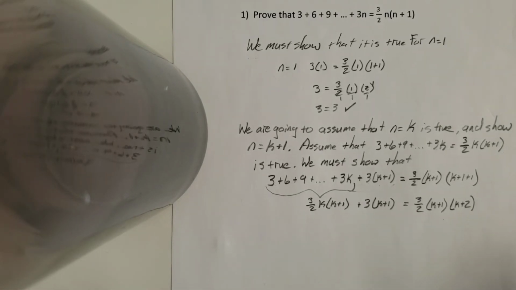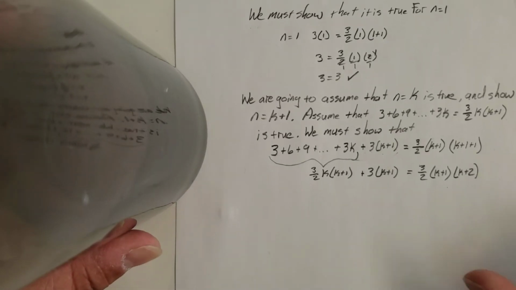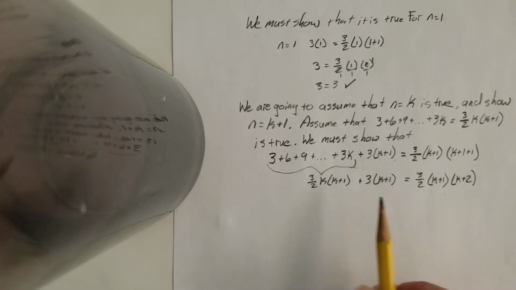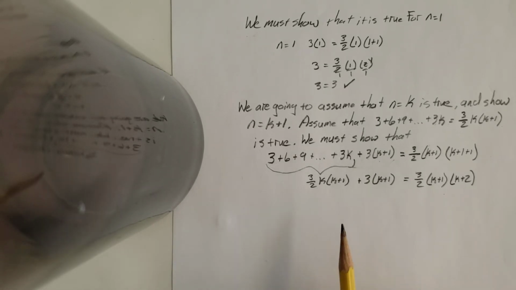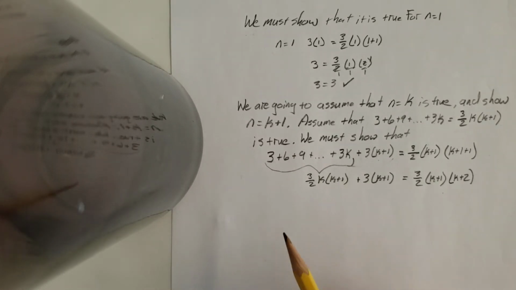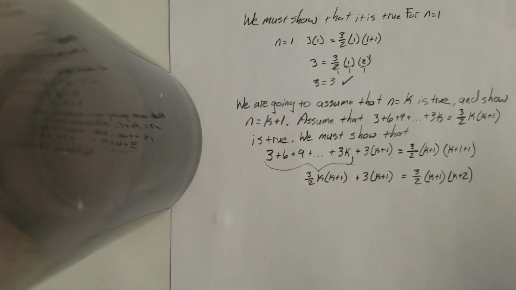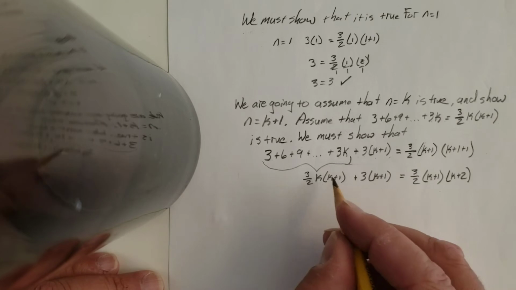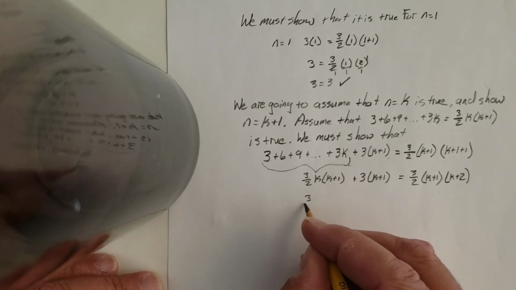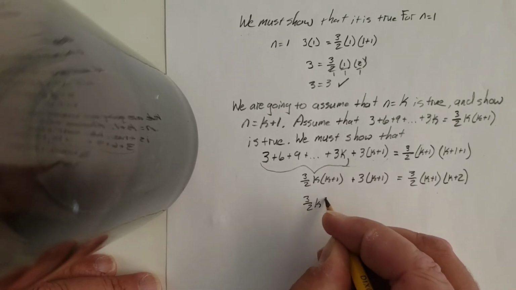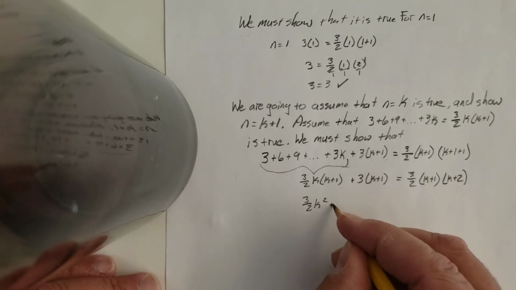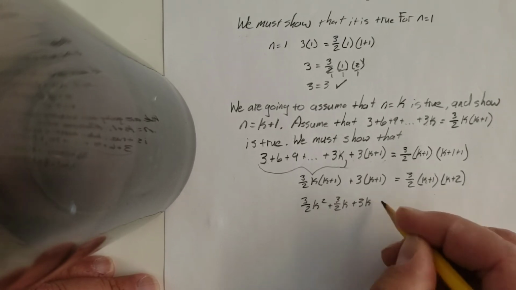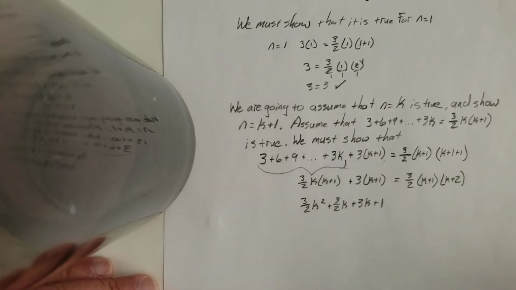Now, what you're looking for, essentially, is to make one side the same as the other. What I'm going to do here is expand it and combine my like terms. So 3/2 k times k is 3/2 k squared, plus 3/2 k, plus 3k, plus 3.